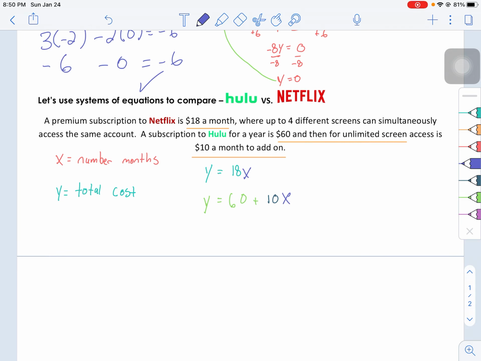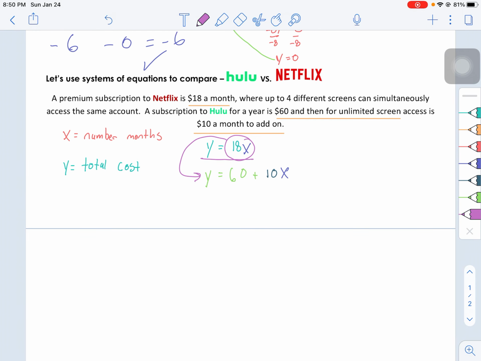And now what we can do is substitute one of these equations. I like this equation, and we can substitute it in for Y on the other side. So we get 18x is equal to 60 plus 10x. We subtract the 10x from both sides. You get 8x is equal to 60.